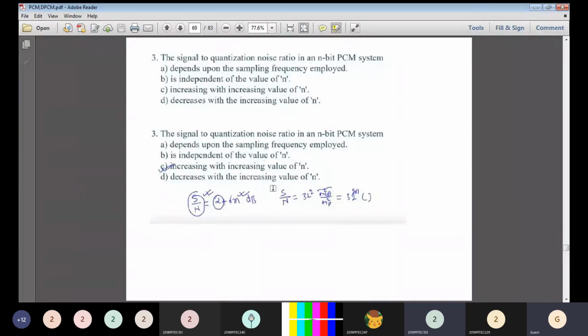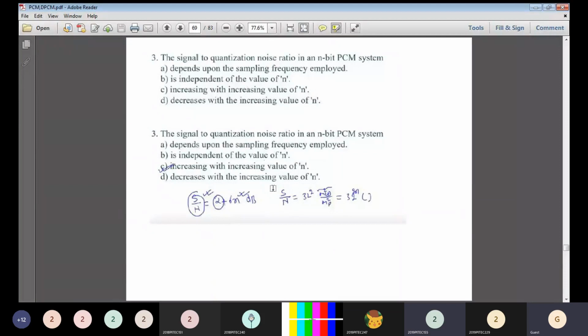Okay, the signal to quantization noise ratio in an n-bit PCM system. The first thing is we have to write the formula of SNR, signal to quantization noise ratio, S by N equal to alpha plus 6n dB. Another formula for SNR is SNR equal to 3L square into m of t square divided by mp square.